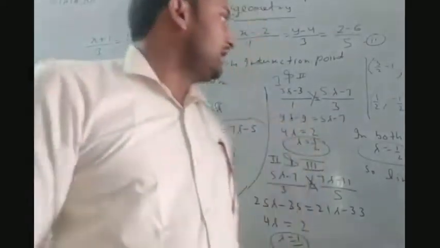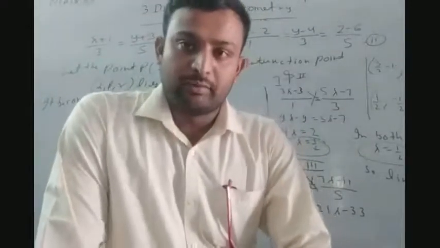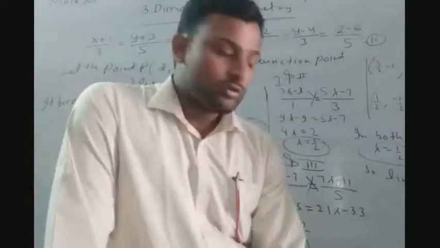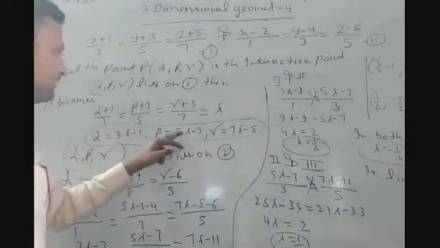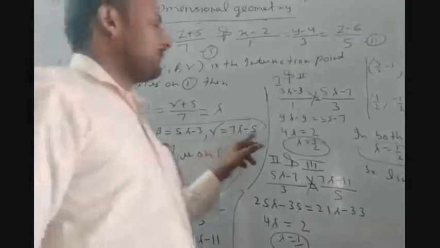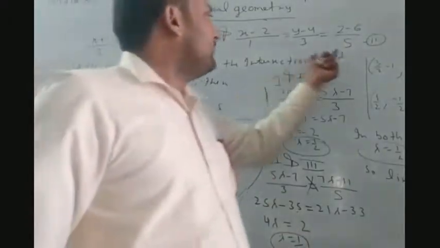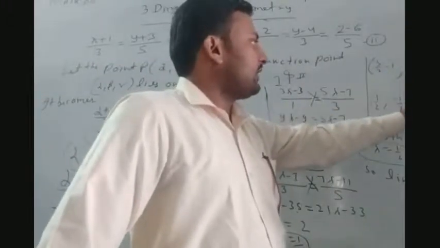Hence these two lines intersect at the same point because our lambda is the same. So now we will find the intersection point. We put this lambda in the general coordinate, which is 3 lambda minus 1, 5 lambda minus 3, 7 lambda minus 5. When we put the value of lambda here, we get 3 by 2 minus 1, 5 by 2 minus 3, 7 by 2 minus 5.